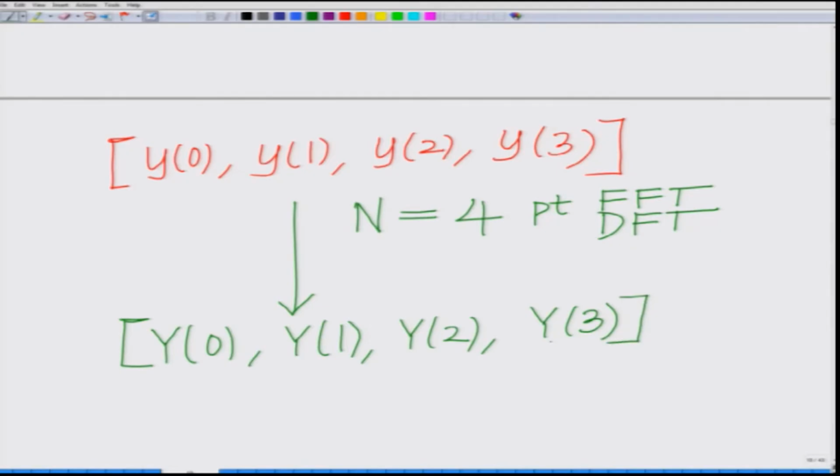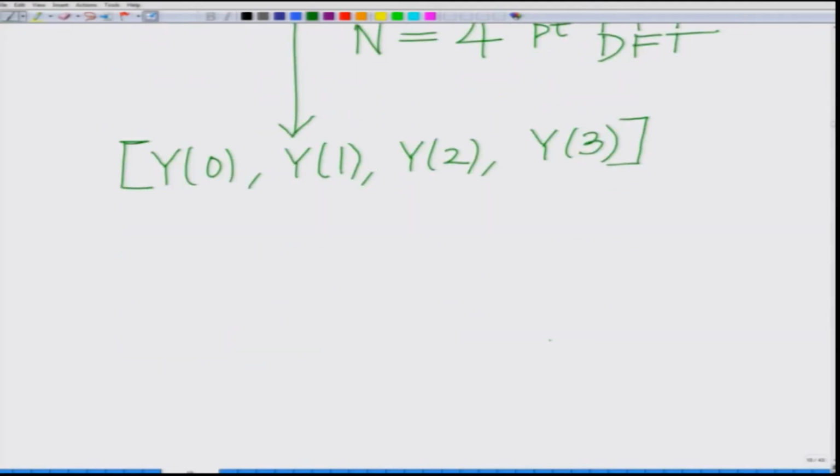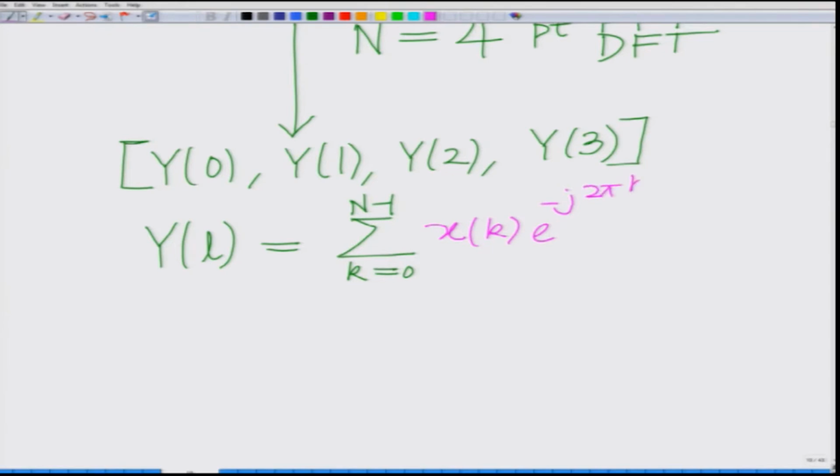Each YL is generated by the FFT of the small y's, that is summation k equal to 0 to n minus 1, which is 3, of x k e to the power of minus j 2 pi k l divided by n.